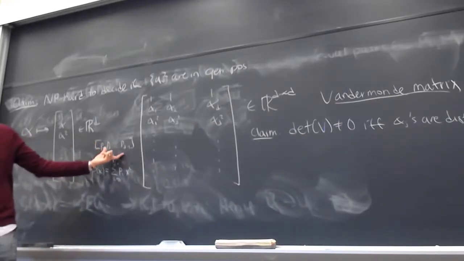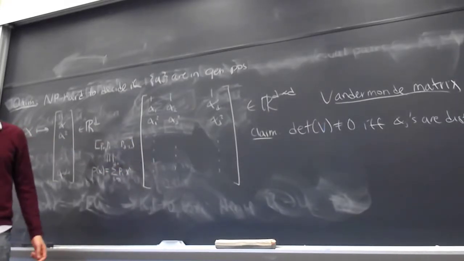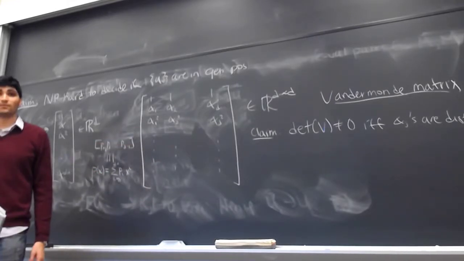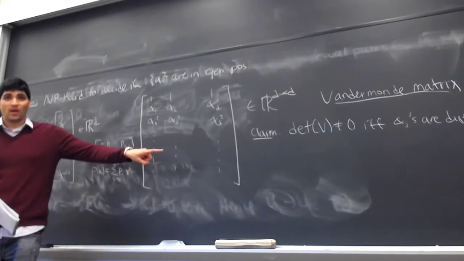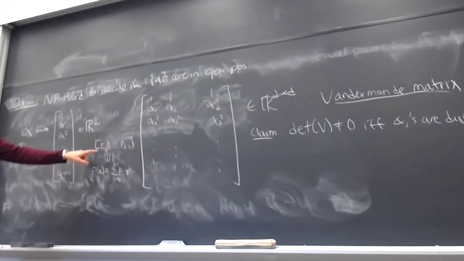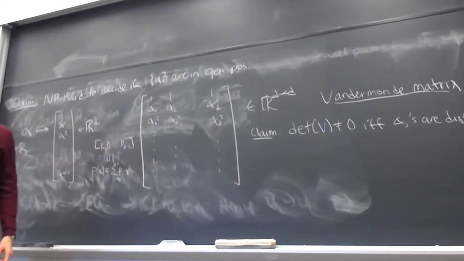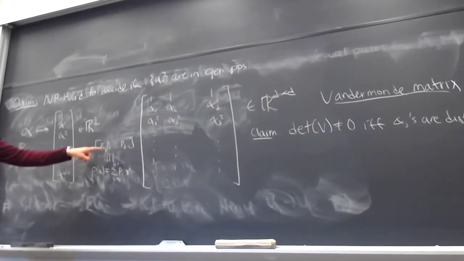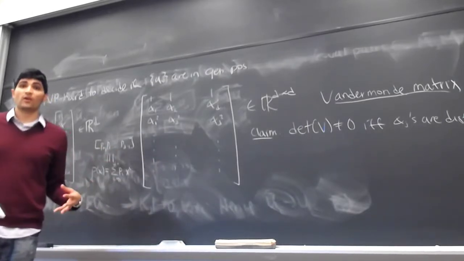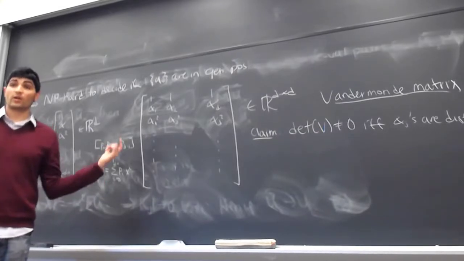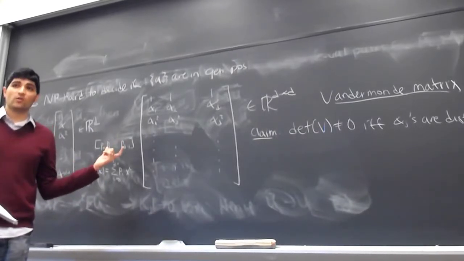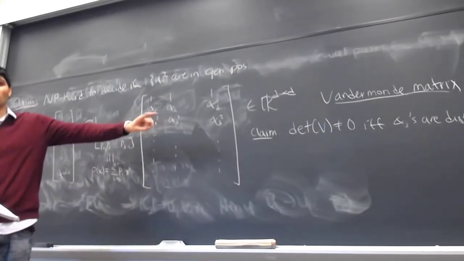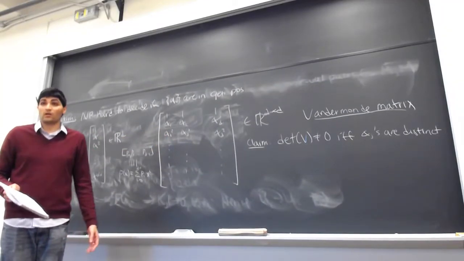But the key point is when I multiply this vector times the Vandermonde matrix, what I'm actually getting is the evaluation of p at alpha 1 and alpha 2 and so on. And so if I take any polynomial of degree d minus 1, so it has terms 0 to d minus 1, then if I evaluate it at d locations, it's uniquely determined, so I can recover it. So in fact, you already know a way to solve this linear system, which is what tells you that it is full rank when the alpha j's are distinct.